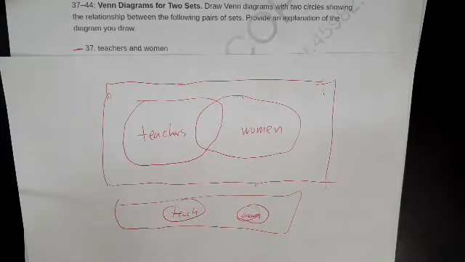It doesn't say some teachers are women. I know the question doesn't say that, but drawing in context from what you know about reality, we know that there are some teachers that are women. In order to capture that, we have to have an overlap. We know that some teachers can be women, or some women can be teachers.